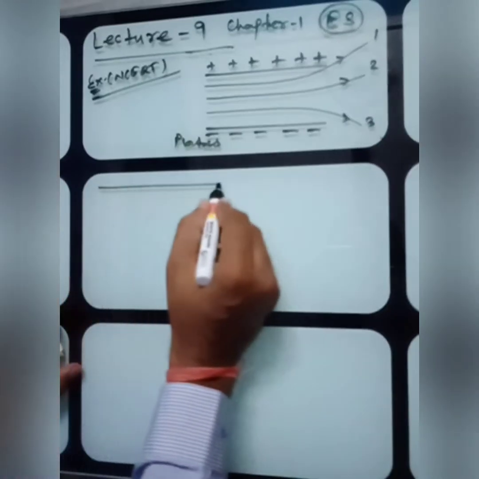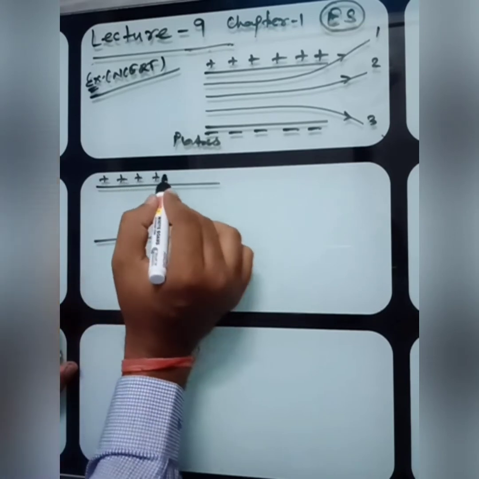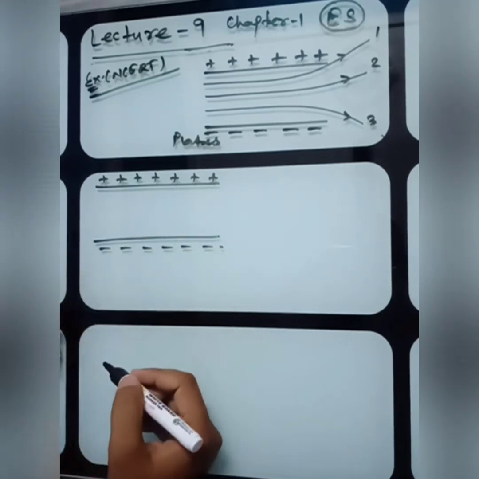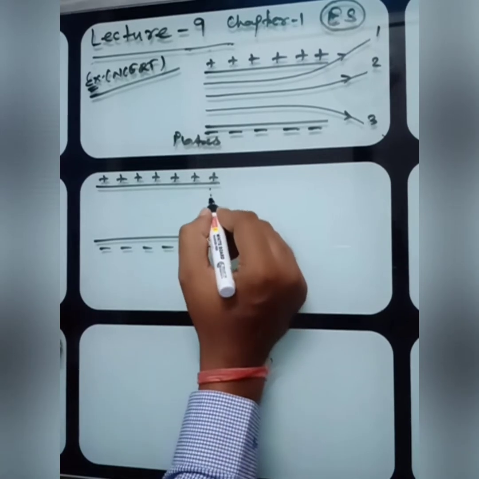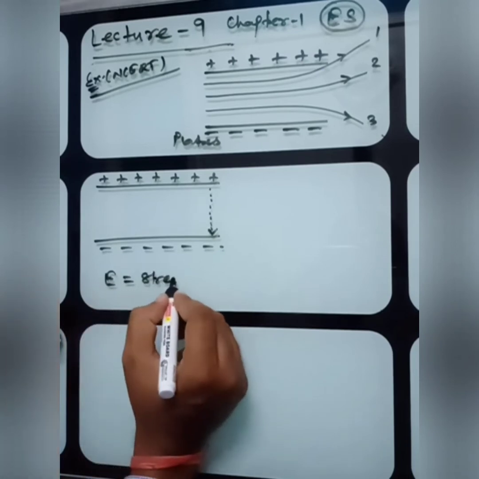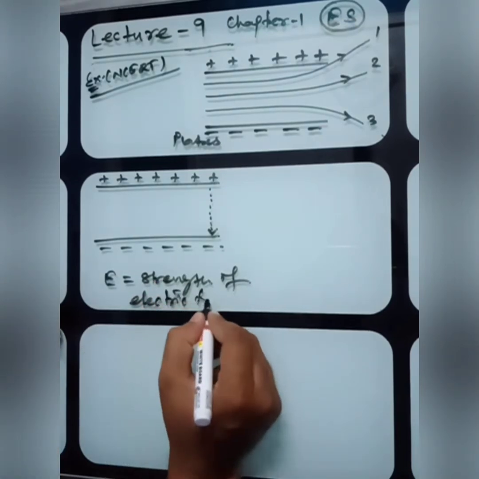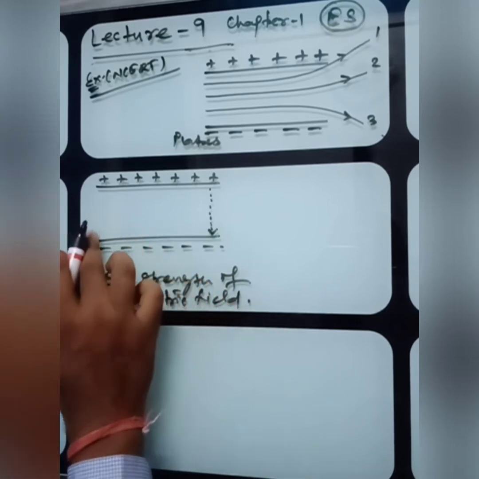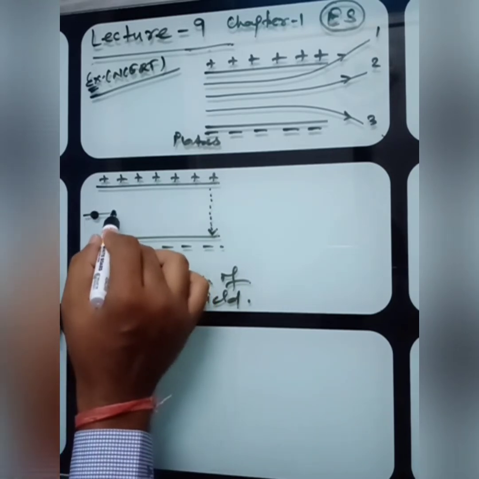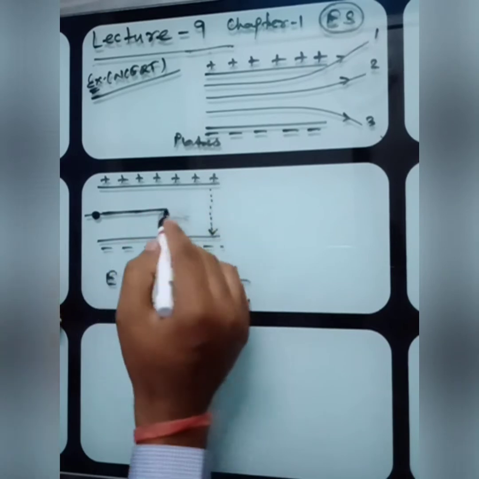What is that? Between these two positively and negatively charged plates, an electric field is maintained, of course from the negative plate to the positive plate, and the strength of the electric field is E. You have been asked, if a charge is fired in the space between these two plates, it moves and deviates from its path.